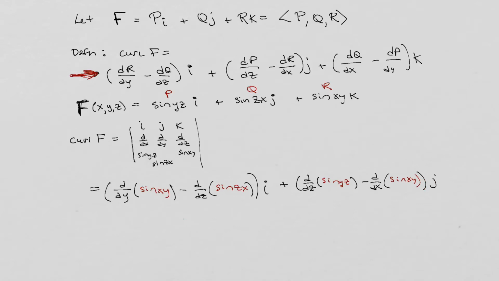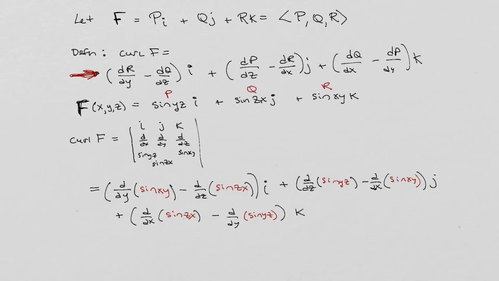The last component is the derivative with respect to x of q, which is sine of zx, minus the derivative with respect to y of p, which is sine of yz. And that goes with the kth component.